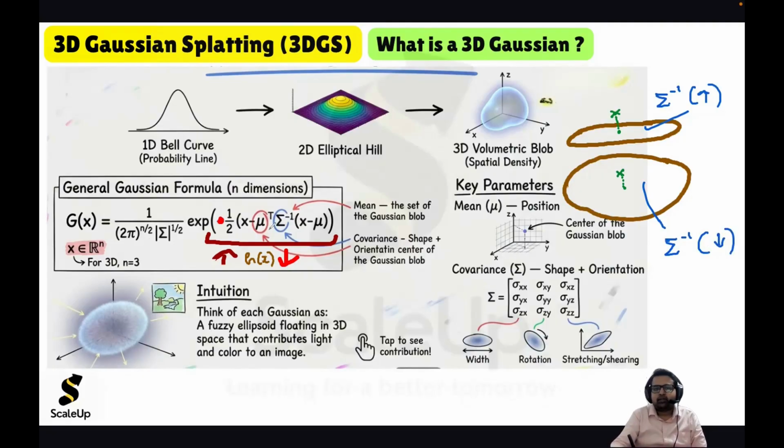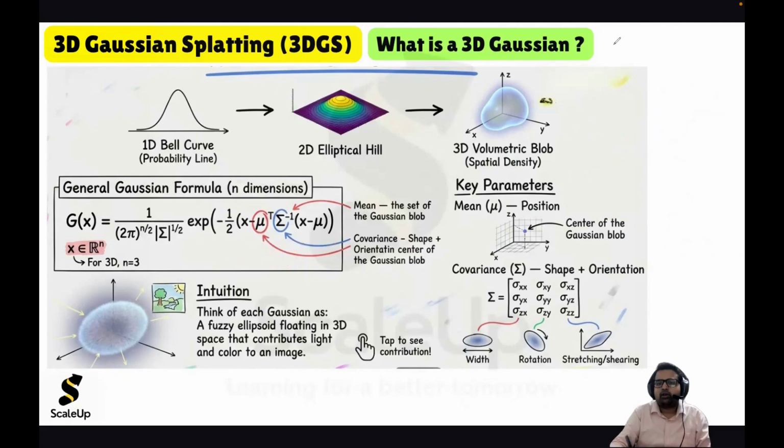And when the sigma inverse value is low, this exponent will decrease, and if the exponent decreases, g of x will increase. And that is what we want, the probability density. So we got an intuition of this formula, which we call the probability density function.